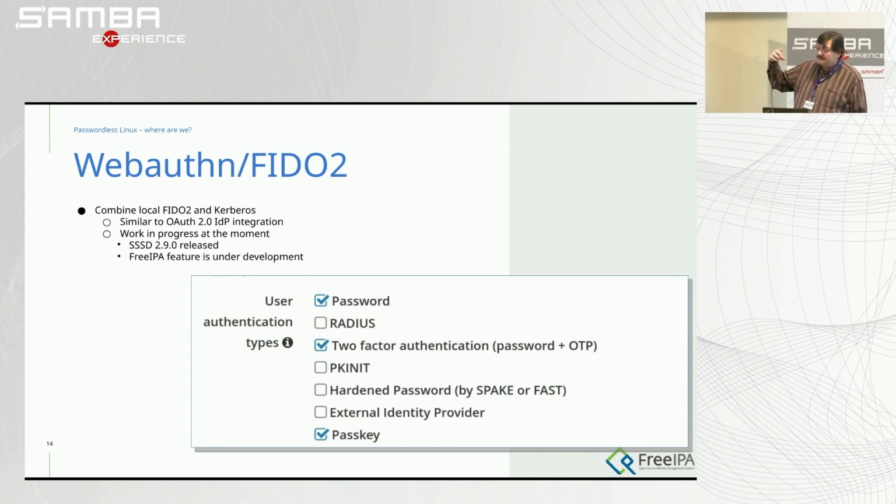And then there is integration in SSSD itself, so that it knows which method to prefer to show to the user if passkeys are integrated with the user account and so on. So SSSD did a release last Friday, 2.9.0, which contains all this code. But it's mostly useless until you get the IPA side released.